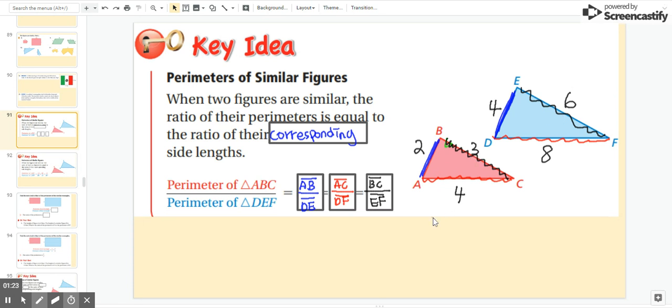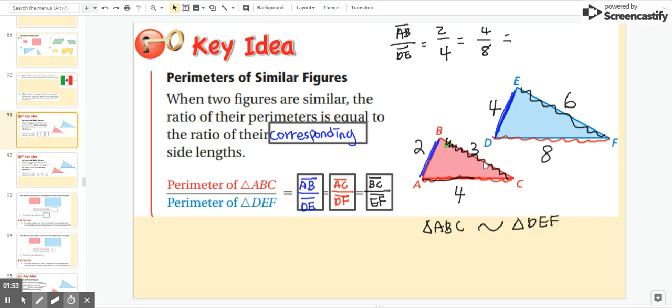So triangle ABC and triangle DEF are similar, right? Because all the side lengths are proportional. So what is AB to DE? AB to DE is 2 to 4. AC to DF is 4 to 8.